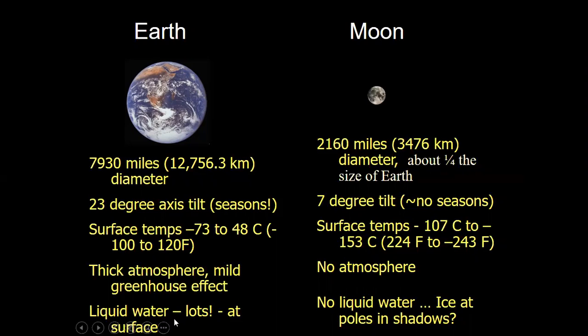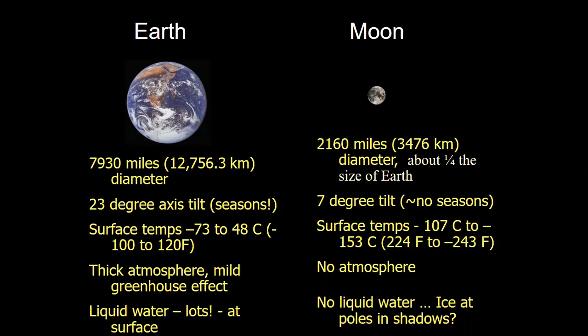On Earth, we know that there's liquid water, and Earth is a good planet to have the three phases of water. We can find liquid water, water vapor, and ice on Earth. On the Moon, so far, we couldn't find any liquid water, but on the poles, we can see ice.